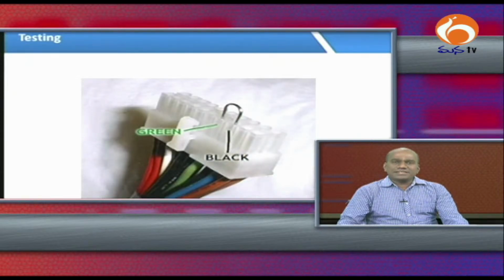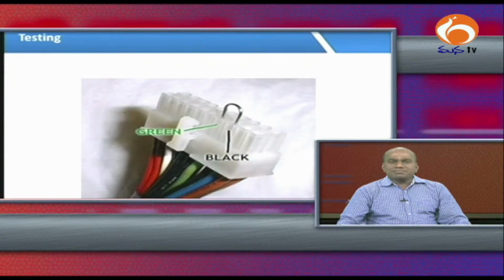Especially desktop SMPSs contain an SMPS fan, right? Just give the power supply to the SMPS and take the main power cable from the SMPS, that is nothing but, on the screen here you can see the 20 or 24 pin connector which is used to connect to the motherboard to distribute the required amount of power.